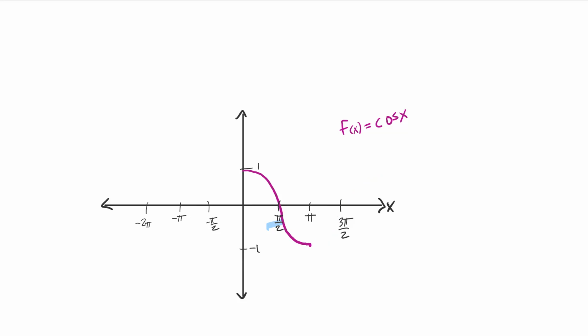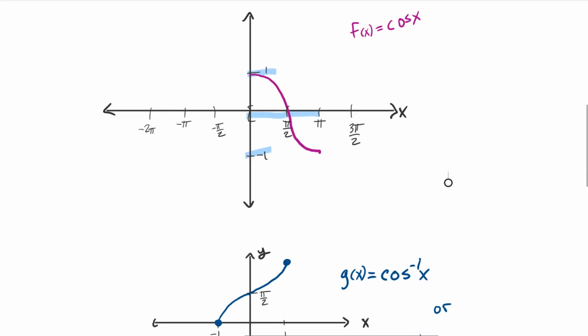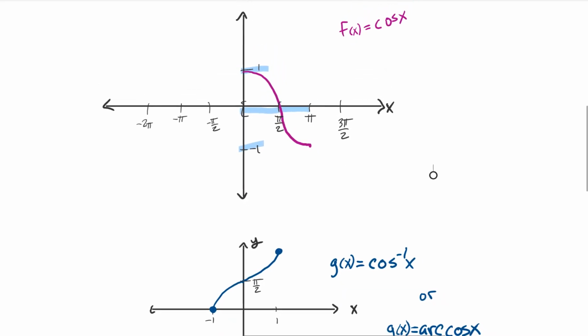We're just going to go from 0 up to pi. We're just going to take the x values from 0 up to pi, and they're going to become our y values. Again, just like sine, we're going to go from negative 1 to 1. So when we go to draw it, it looks a little something like this.